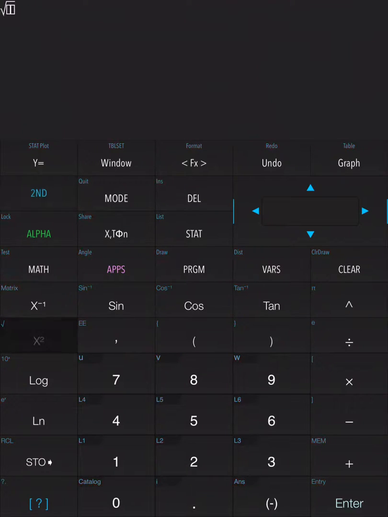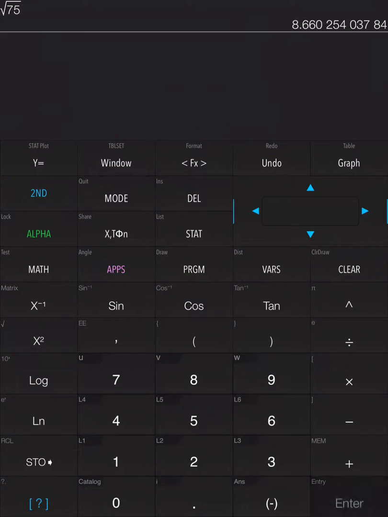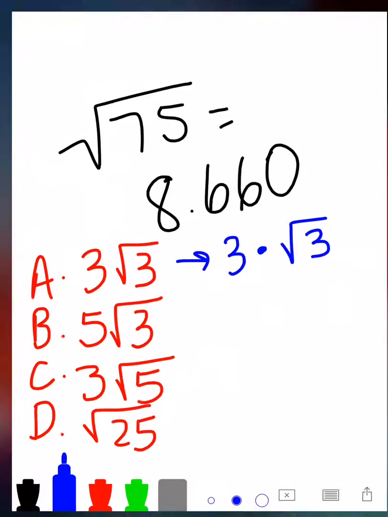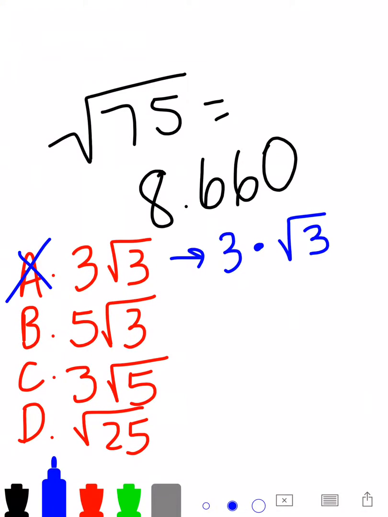So let's hit second, x squared, 75, hit enter. And now you're going to hit 3 times second, x squared to bring up your radical, 3 times the square root of 3. Hit enter. Are the numbers identical? No. So that means that answer choice A is not right.